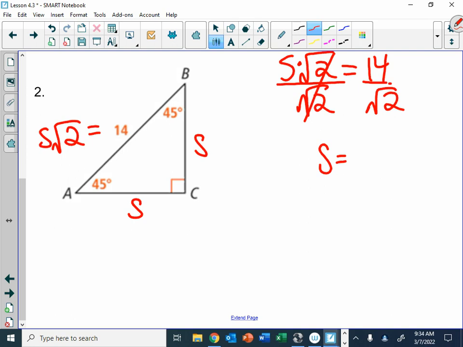Alright, what is S? 14 divided by the square root of 2 is? 7 square root of 2. 7 square root of 2, very good. So both of your legs are 7 square root of 2. Good.